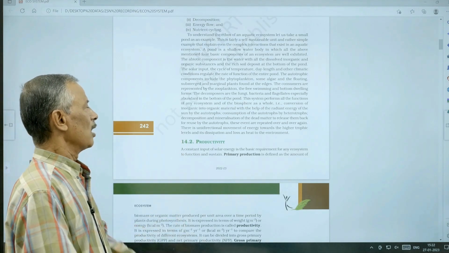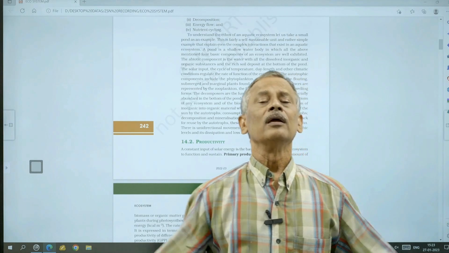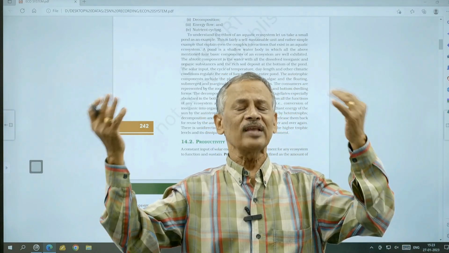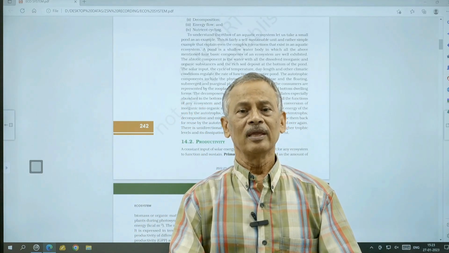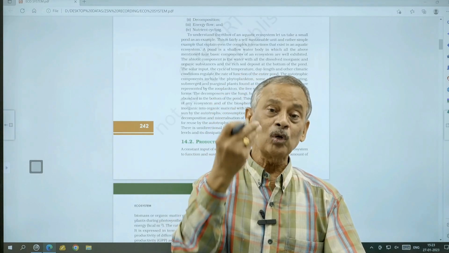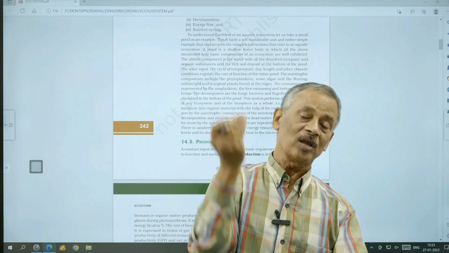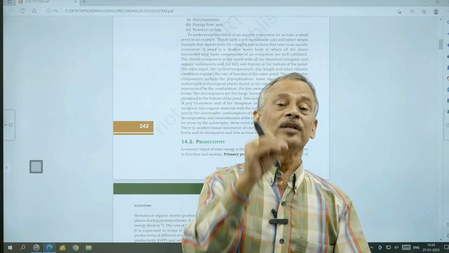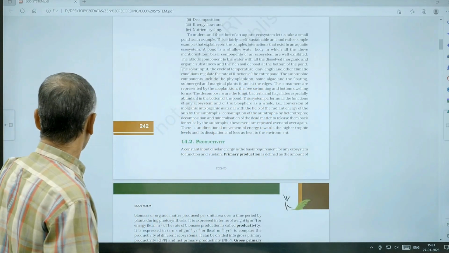One, productivity. That is, plants are taking sunlight and using that sunlight, they are producing organic matter. The amount of organic matter produced by plants by photosynthesis in a unit area is called production.